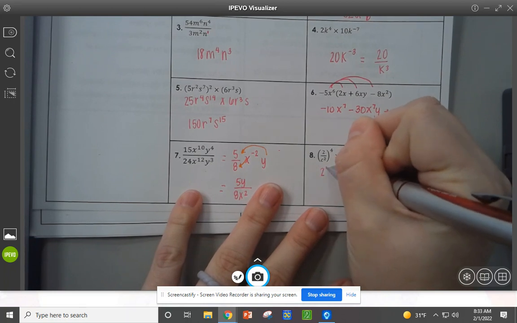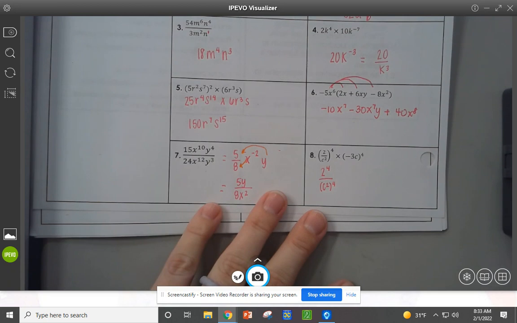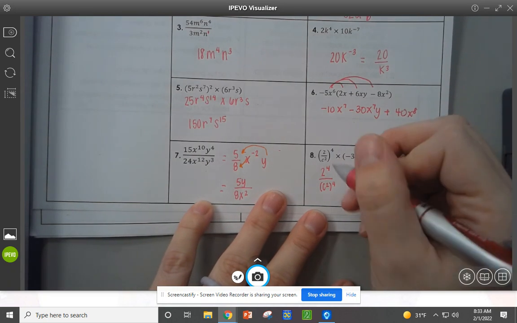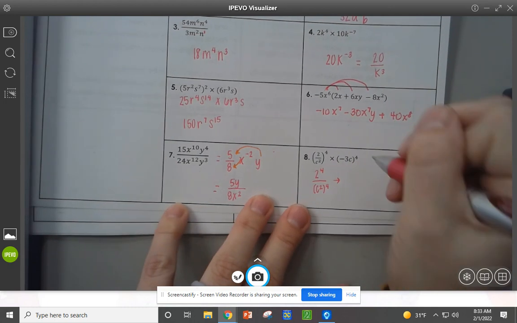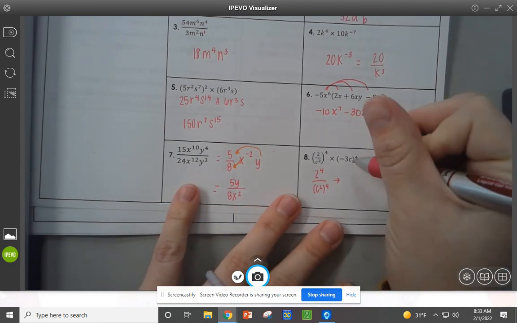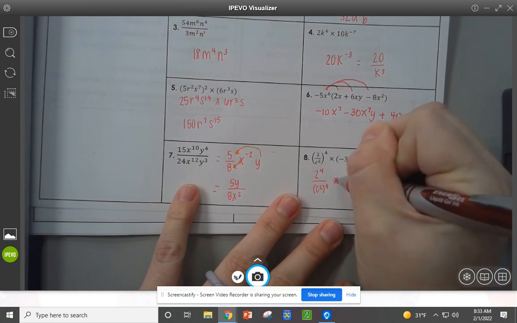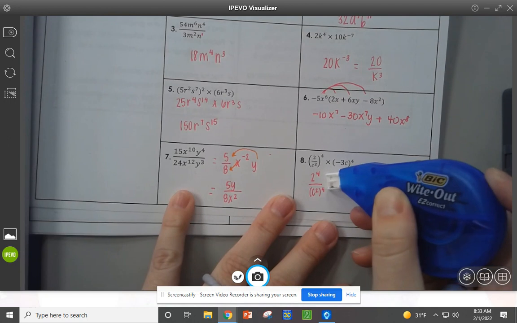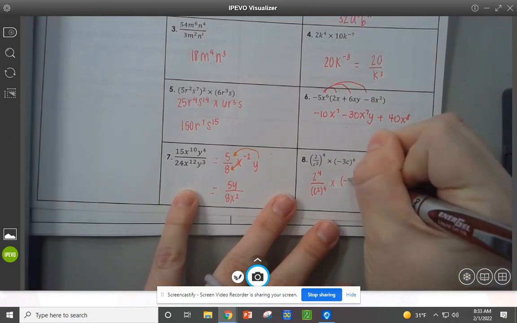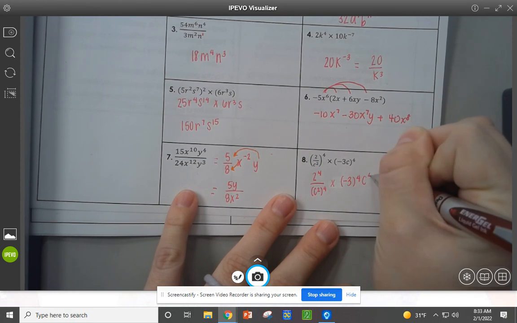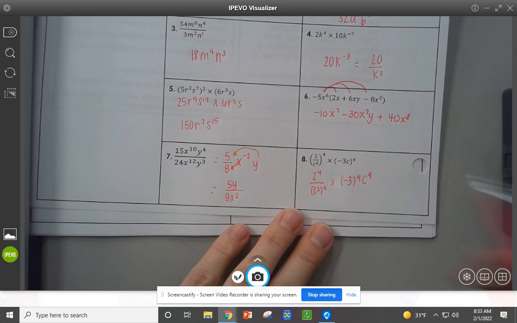So this is really 2 to the 4th over c squared to the 4th, times negative 3 to the 4th, c to the 4th over here. So you raise both of those to the power of 4.